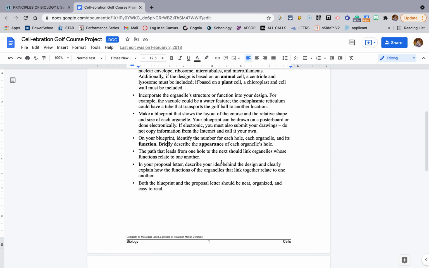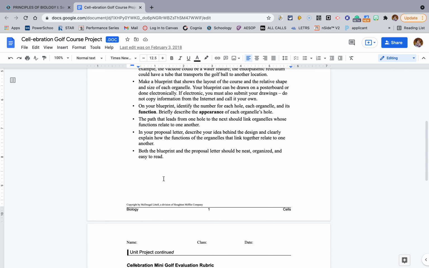The path that leads from one hole to the next should link organelles whose functions relate to one another. So that's something else you and your group are going to have to research. In your proposal letter, describe your idea behind the design and clearly explain how the functions of the organelles that link together relate to one another.